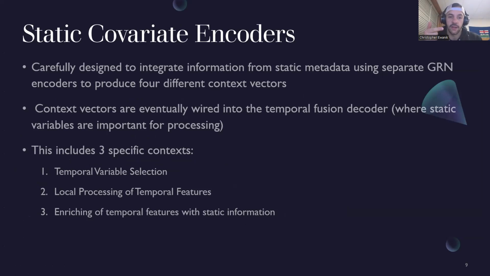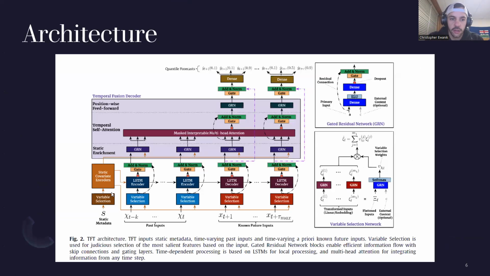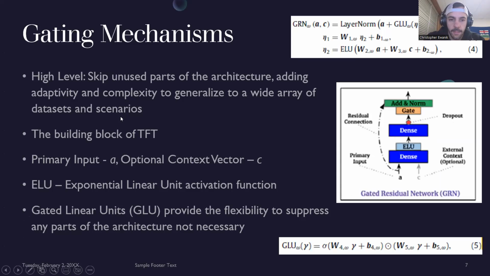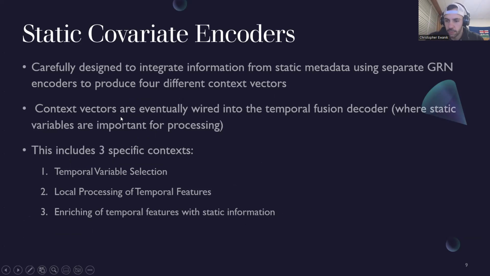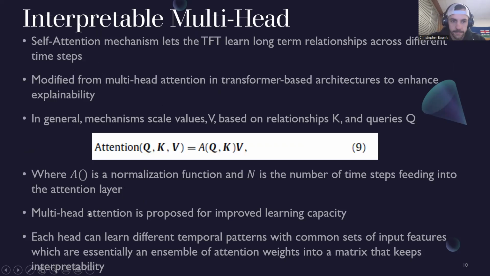These context vectors wire into the temporal fusion decoder, which is really important for our processing. There are 4 vectors but 3 specific areas: temporal variable selection, local processing, and enrichment of temporal features. So we're selecting them, processing them, and then trying to make them even better.